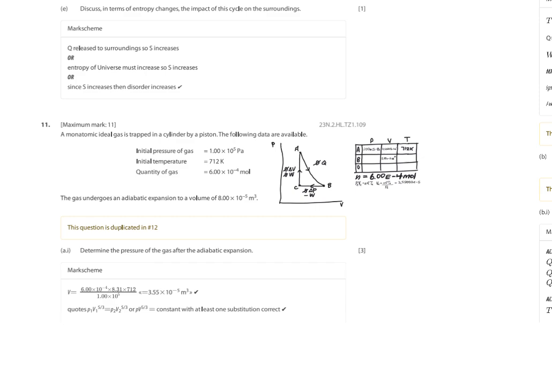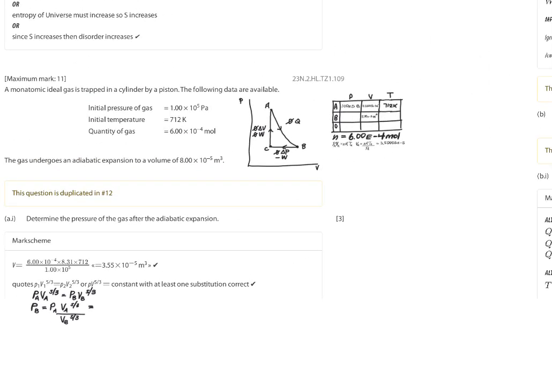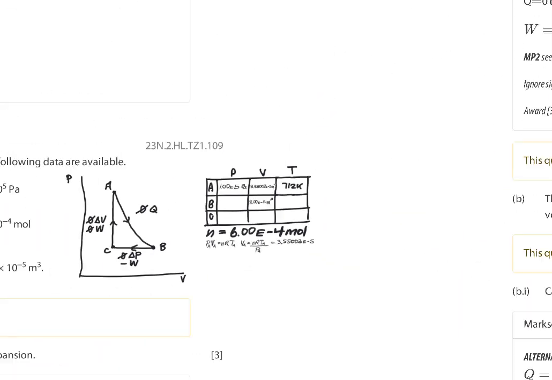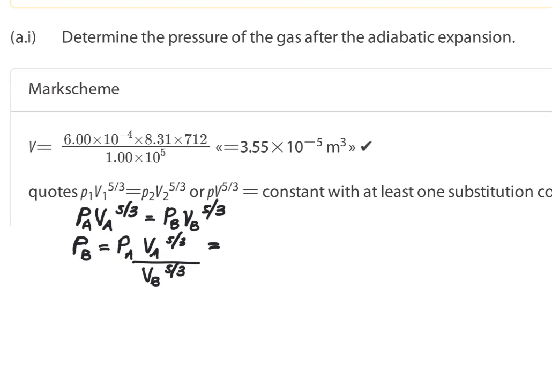Okay, part one asks what's the pressure of the gas after the adiabatic expansion. Now you know the starting pressure and starting volume, and I know the volume at B. I need to know the pressure at B using the adiabatic relationship. That 3.55 times 10 to the negative 5 meters cubed is obviously needed for this, but I already solved for it, so that's legit.